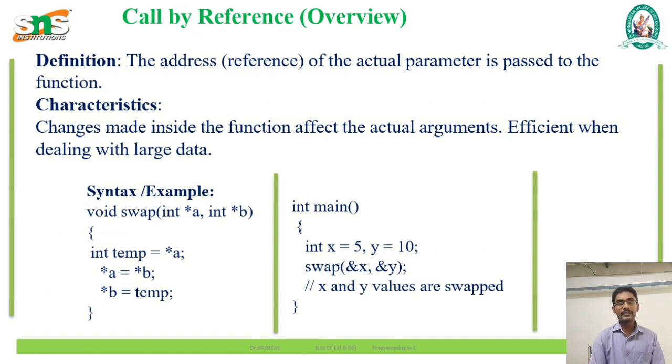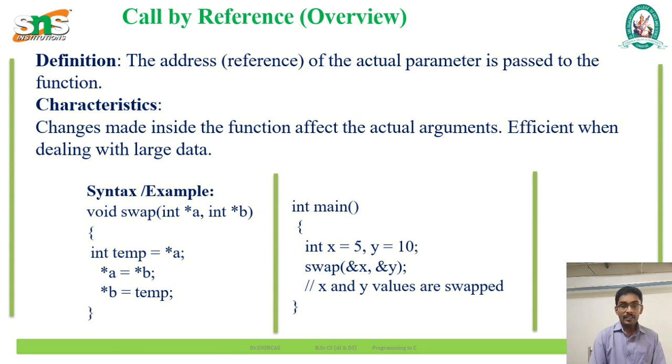And call by reference. Here the values of x and y are not passed to the swap function. Instead, the addresses of the variables x and y are passed to the swap function, and the addresses are assigned to the pointer variables a and b respectively, and the values are exchanged by using the dereference operator asterisk.